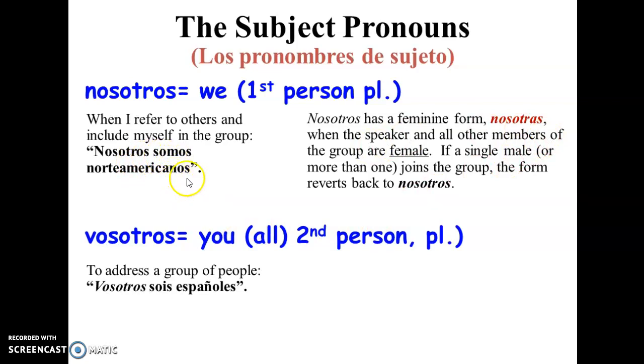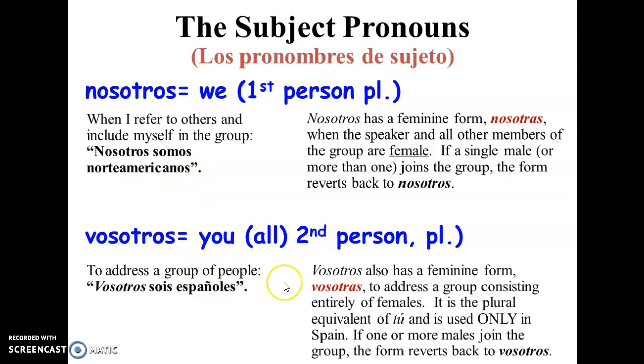Nosotros somos norteamericanos. Vosotros, that's the one in Spain, okay? And it has the same structure. So for vosotros, it's for only masculine or a mixture of masculine and feminine, and vosotras is for an only female group, and it's the one used in Spain.